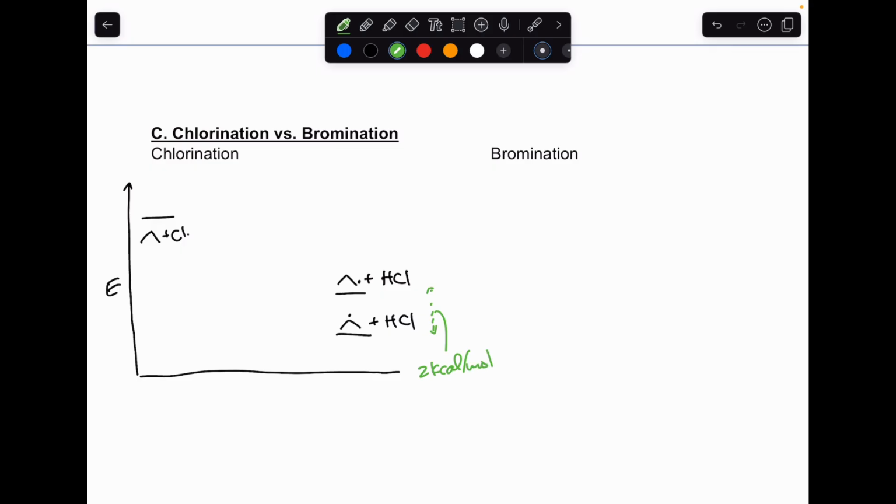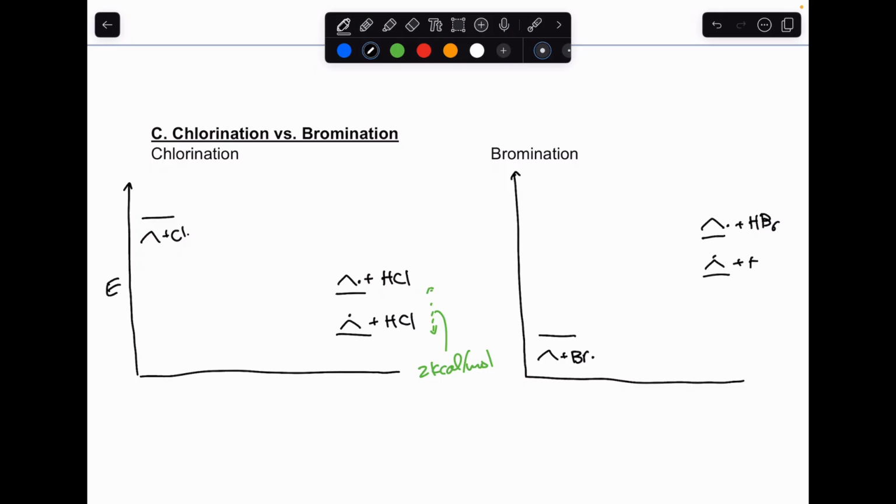right? And it's the same situation for bromination, right? It was endothermic, so I'm going to put this down here, relatively speaking. And it was endothermic, you had to gain energy. But still, this energy difference is the same, 2 kilocal per mole energy difference.